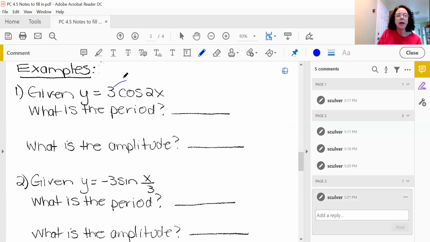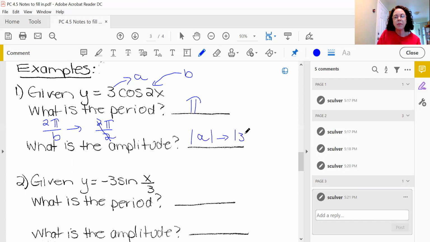Notice that 3 is my A and 2 is my B. I have a little formula to find my new period: 2 pi divided by B, which is 2 pi divided by 2, and my new period is pi. What is my amplitude? It is the absolute value of A, which is the absolute value of 3, which is just 3.